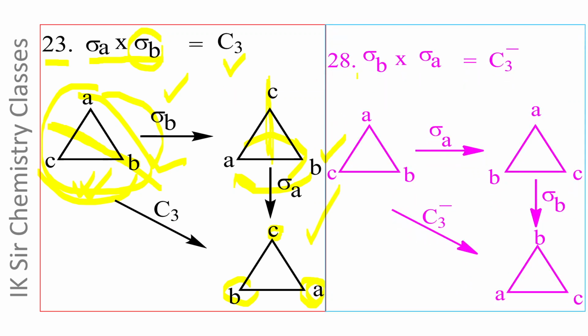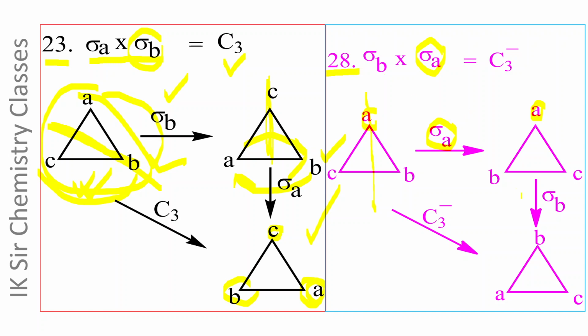And let us now consider the product at position number 28. Sigma B multiplied by sigma A. Here also, as usual, the sigma A operation is carried out first. On applying the sigma A operation, that is reflecting the molecule through this plane, the position of A will remain unchanged and B and C will exchange their positions.